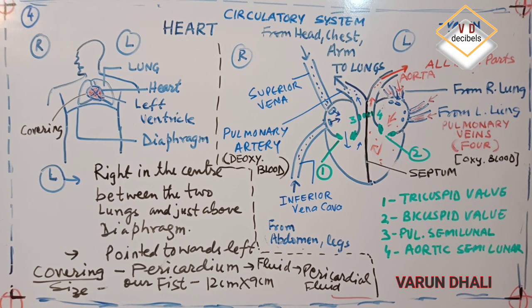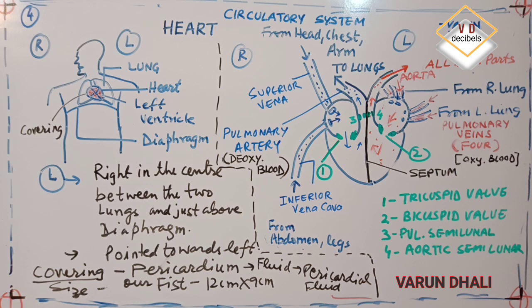It contains 3 cusps. And on the left side of the heart between the left auricle and left ventricle, there is one aperture, and in that aperture there is one valve, that is the bicuspid valve containing 2 cusps.